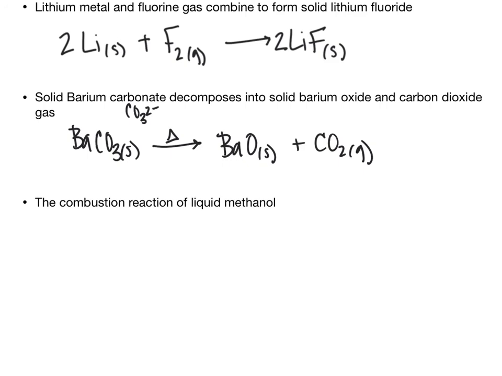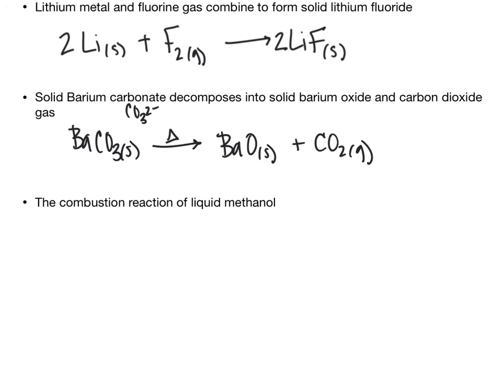The next one is a combustion reaction of liquid methanol, but it doesn't give you any of the products or the other reactants. That's because they're always the same. In Gen Chem 1, we are mostly going to encounter combustion of alkane molecules and alcohols that you learned about in chapter 2.